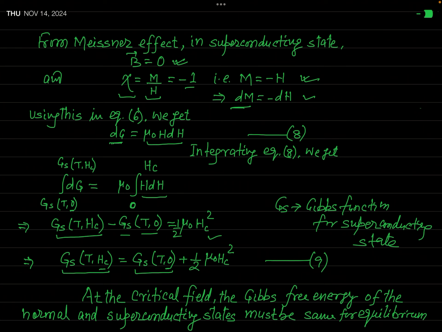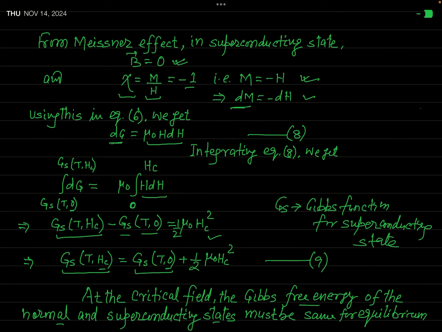And it is clear from this result that at the critical field, the Gibbs free energy of the normal and superconducting state must be the same. Gibbs free energy must be the same for the normal state and the superconducting state at critical temperature and critical field. Why? Because at critical field, the phase transition takes place, and the phase transition is just the point when our material changes its state.